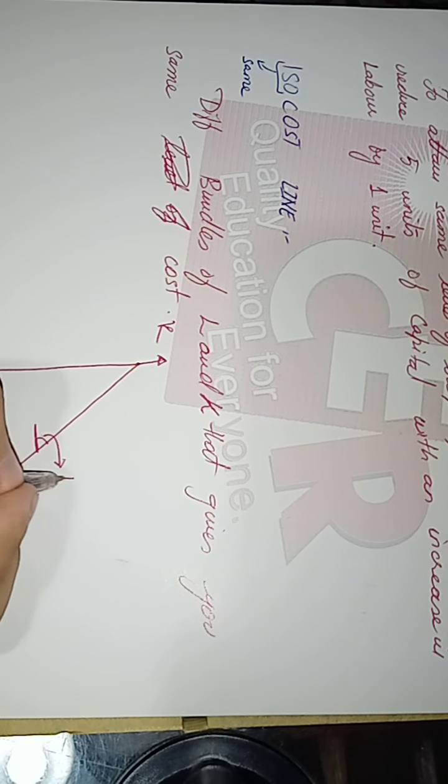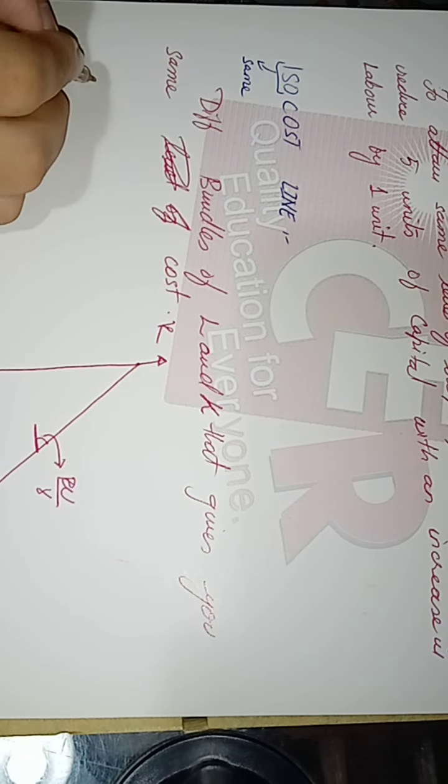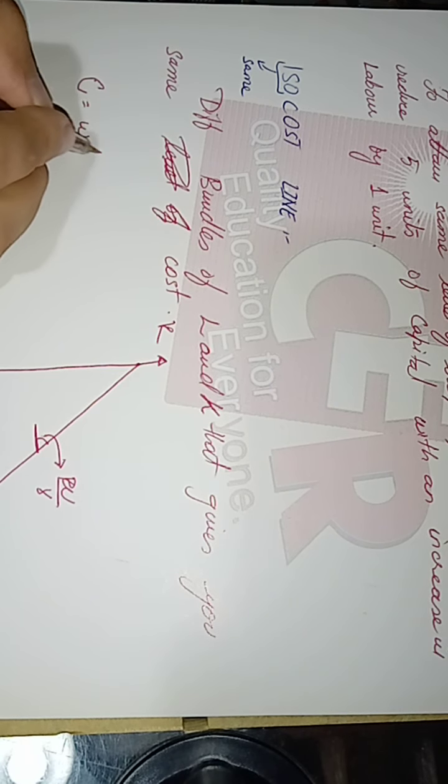So the slope over here will be wage over R, because the isocost line will be written as C = WL + RK.